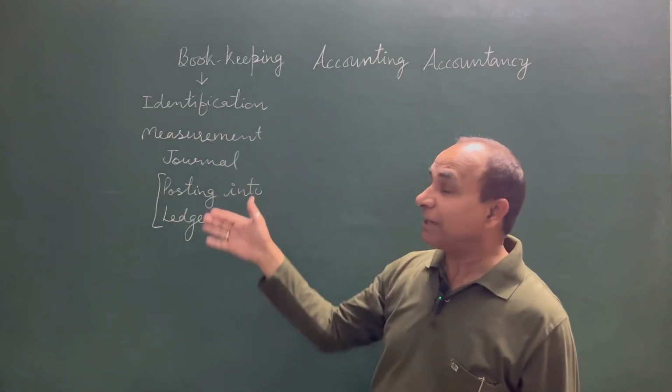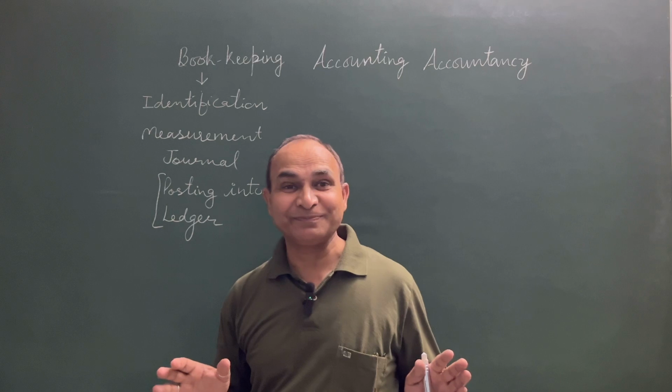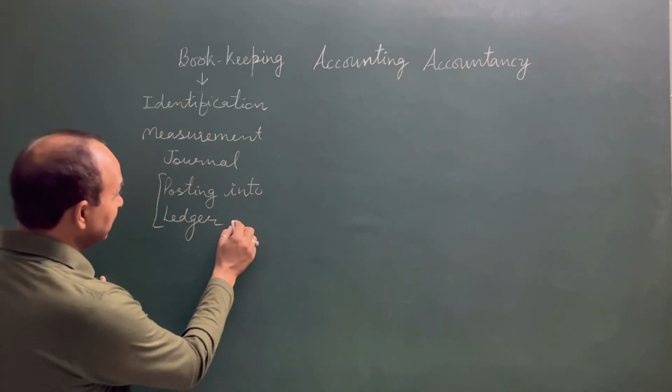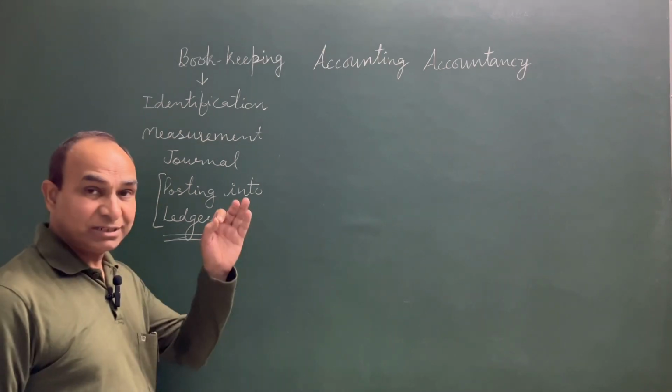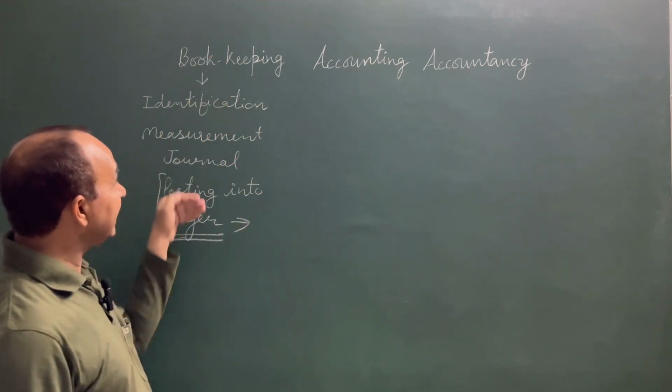So these form the part of bookkeeping. And now starts accounting. You must know where bookkeeping ends. When we post the transaction from journal and subsidiary book to the ledger, bookkeeping ends.